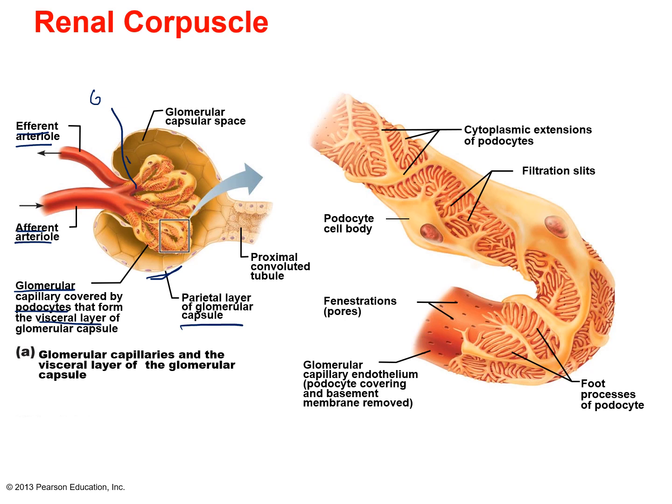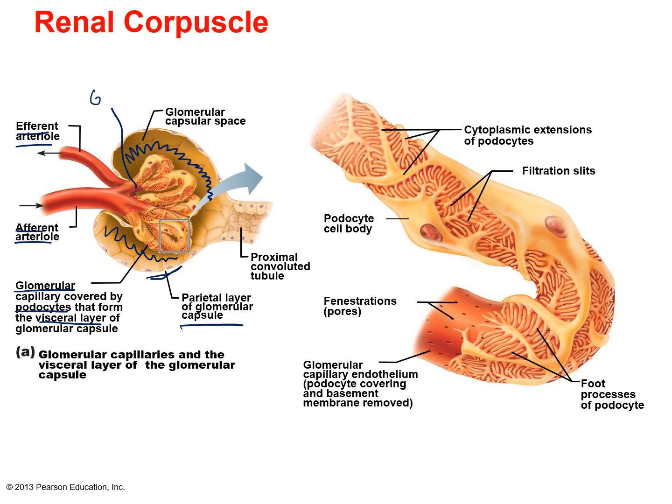You do have this physical space between those two layers, and this is the glomerular capsular space. This space is important because as blood moves through the glomerulus, remember that it has holes or pores that anything small enough can exit. What exits the glomerulus and goes through those little filtration slits is the filtrate, and the filtrate will fill in this glomerular space, this space in your glomerular capsule.